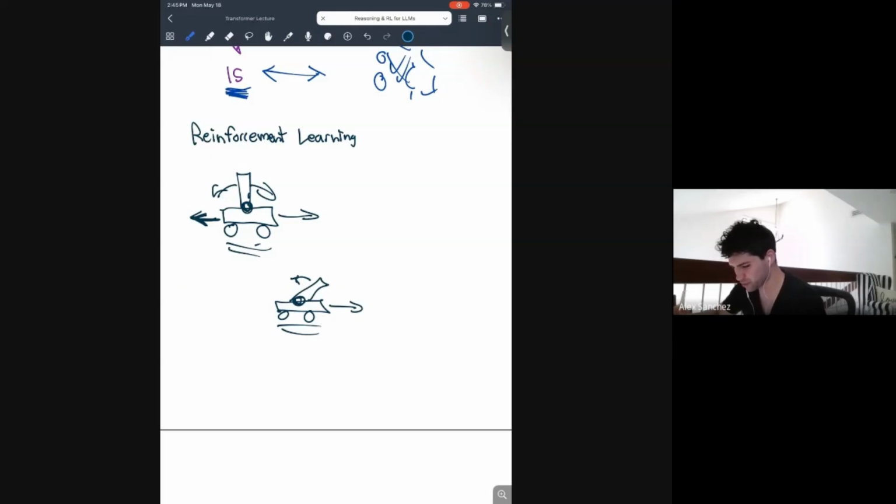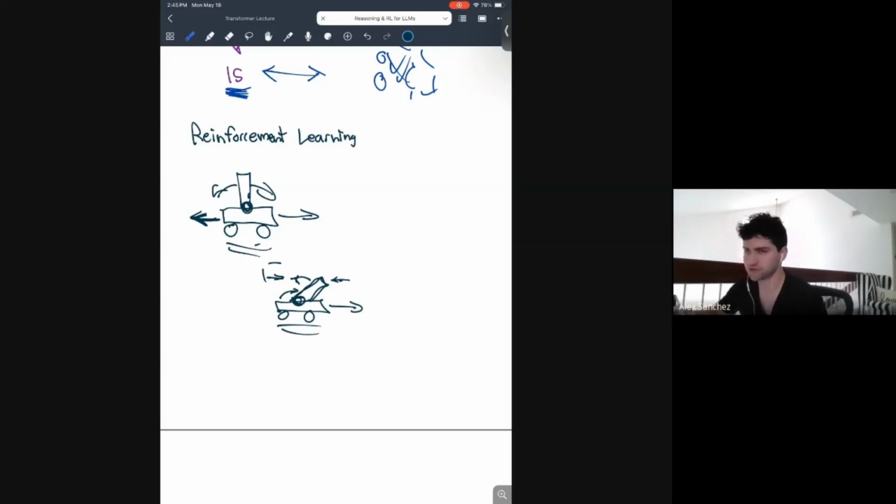So for example, in this case, we have how many degrees in this direction it's moving. There are other things like angular velocity, things like that. I can't remember it off the top of my head in this example, but that is a descriptor of our environment. So think about how we can plug this into some neural network.